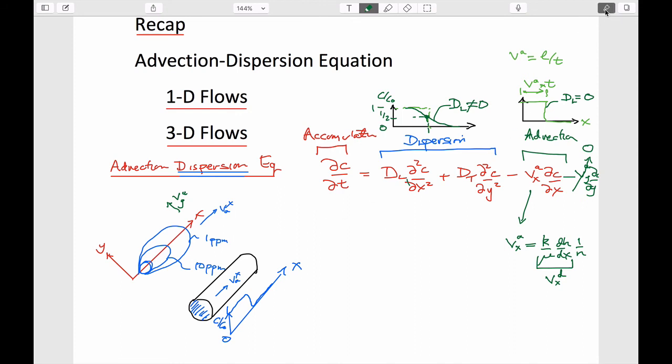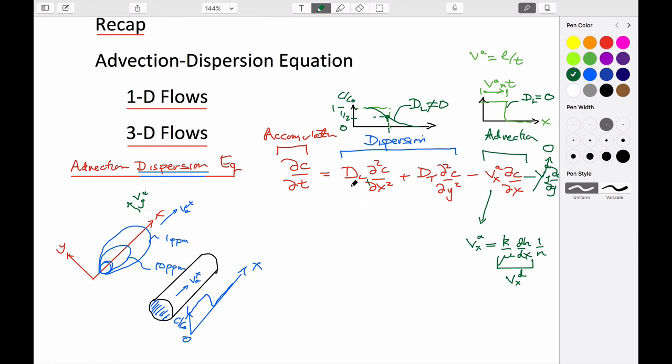I guess the other thing we know is that for these terms here, we talked about the longitudinal dispersion coefficient. It's equal to a longitudinal dispersivity multiplied by an advective velocity in the x direction, plus a portion which is equal to molecular diffusion.